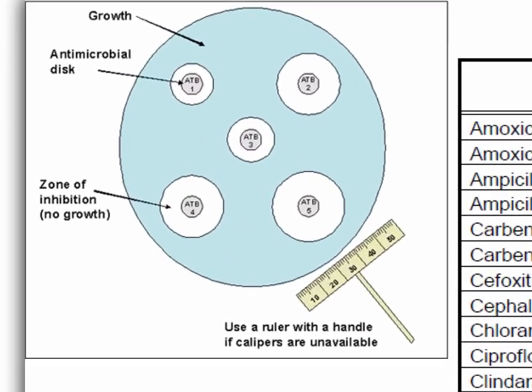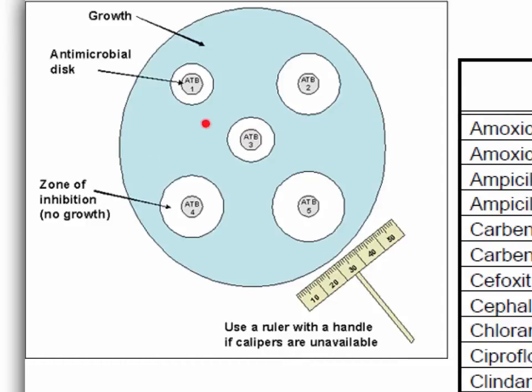I'm going to zoom in up here first. What you do is, here we have a bunch of different discs, and each of these discs are impregnated with different antibiotics, with different antimicrobial therapeutic agents. So you plate this Kirby Bauer plate with bacteria, and before it starts growing, you place these discs in different places on the plate, and you let it all grow.